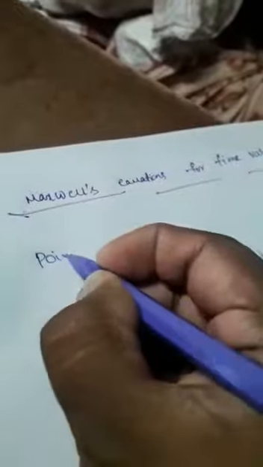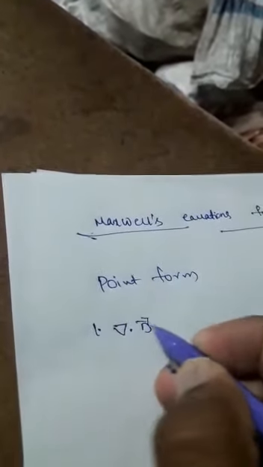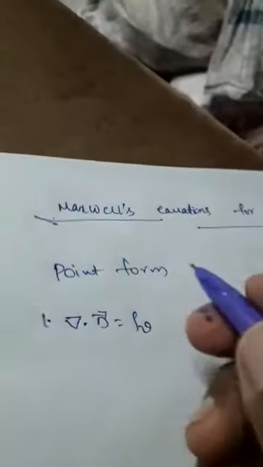Now in the fifth unit, we have Maxwell's equations for time varying fields. First we will discuss the point form. The first Maxwell's equation is divergence of D bar is equal to rho v in point or differential form.